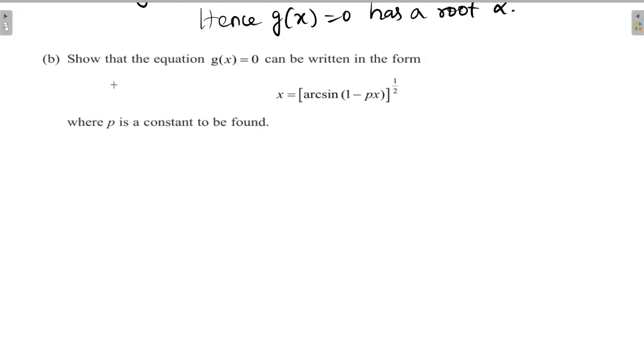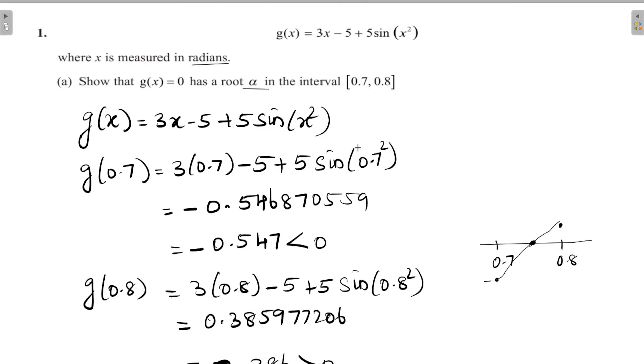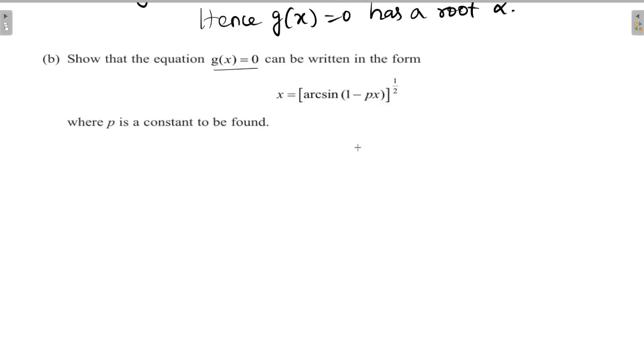B part. Show that the equation g(x) = 0 can be written in the form x = ... So what is our g(x)? Let us write g(x) is 3x − 5 + 5 times sin(x²). This g(x) is equal to 0, which is given in the question.